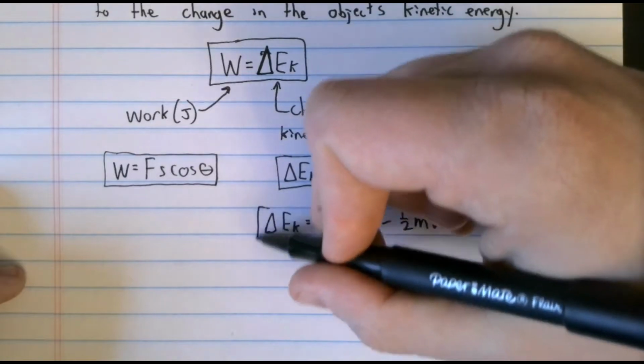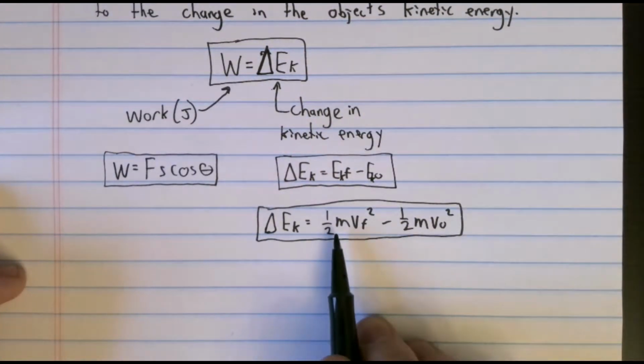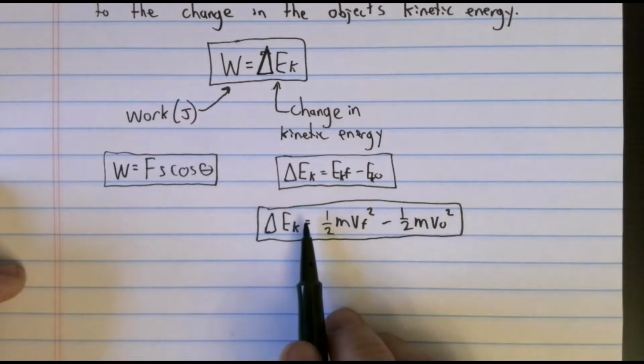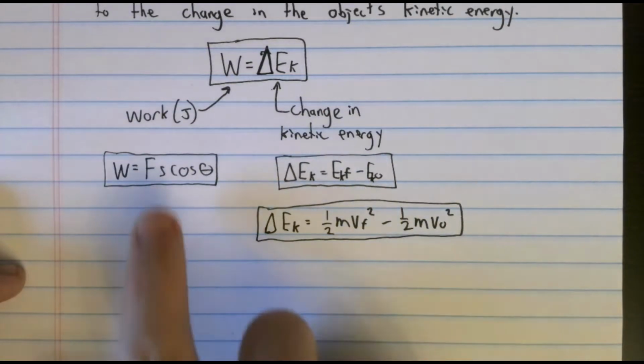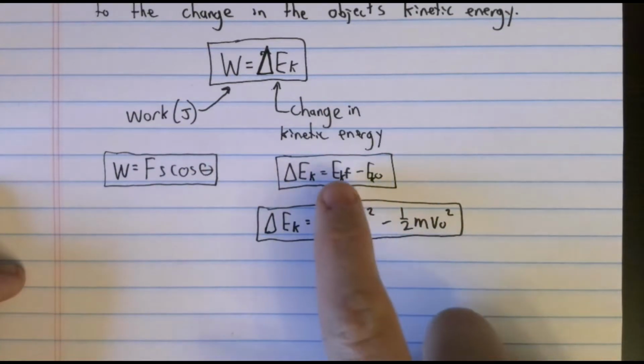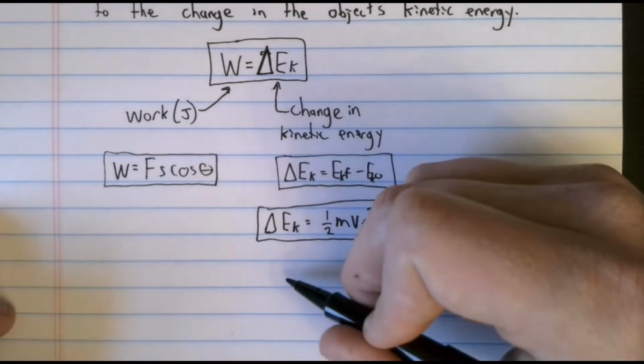Another way to write delta EK, and I can combine that with this one, or I can combine the work with the top one here. So I could set this equal to this, or this equal to this. Finally, I'll put my last one, my favorite one.